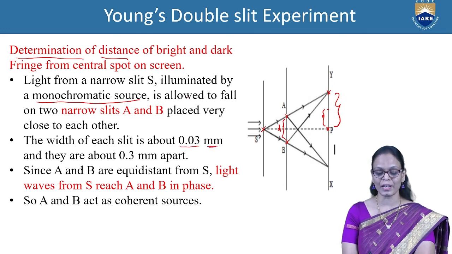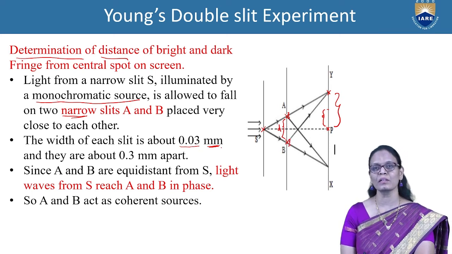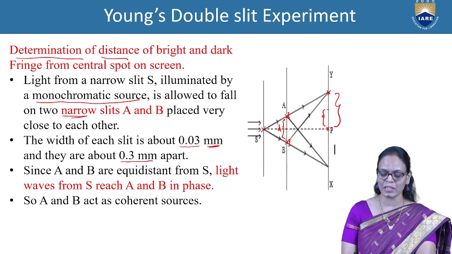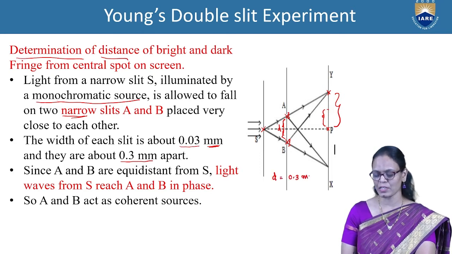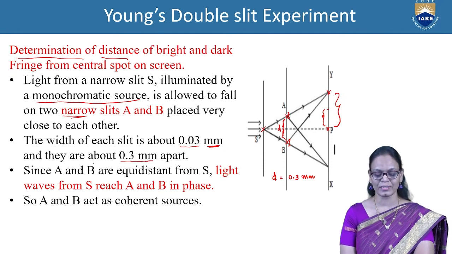So when we talk about narrow slits, how narrow are they? The width of the slit is only 0.03 millimeter, and they are about 0.3 millimeter apart, meaning this distance small d is equal to 0.3 millimeter. This is also too small, so we are keeping them very close to each other. The width of the slit is 0.03 and the distance between the two slits is 0.3 millimeter.